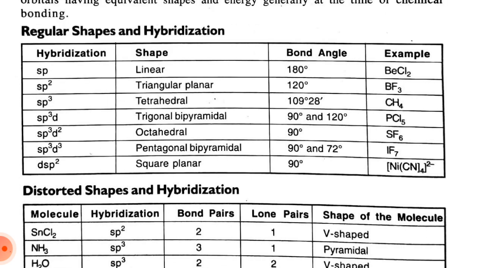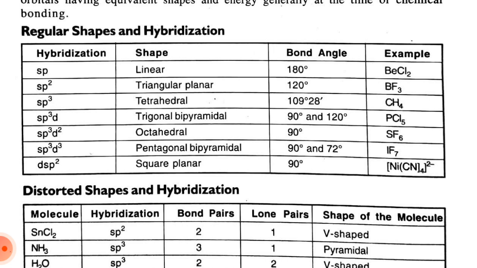Hybridization sp, shape is linear, bond angle is 180 degrees. Example is beryllium dichloride. Hybridization sp2, shape is triangular planar, bond angle is 120 degrees. Example is boron trifluoride. Hybridization sp3, shape is tetrahedral, bond angle is 109 degrees 28 minutes.